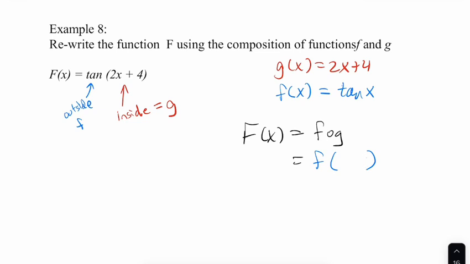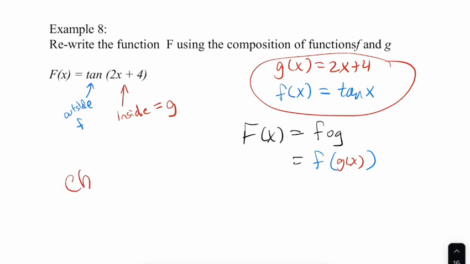If I take the f function and I plug in g, I should get the original. That's what they're looking for. Okay, so let's do that. Let's check our work. So here's the answer. There's our answer.